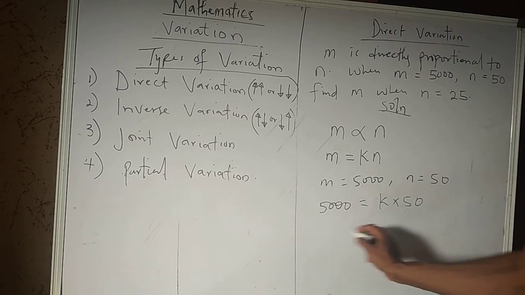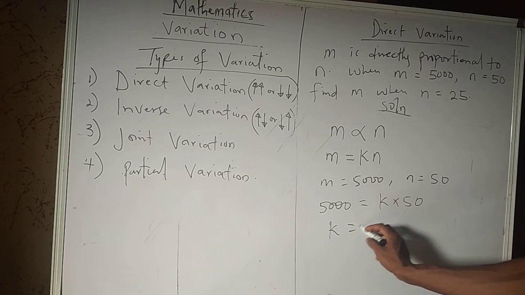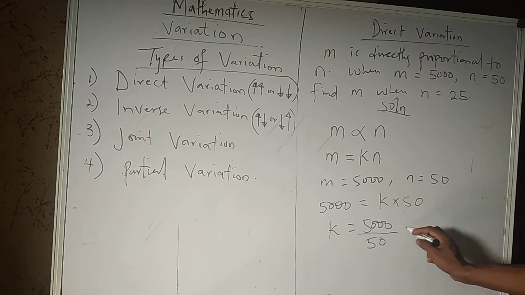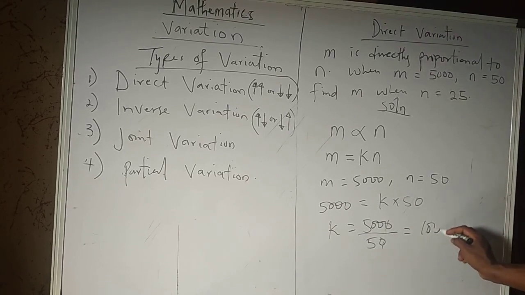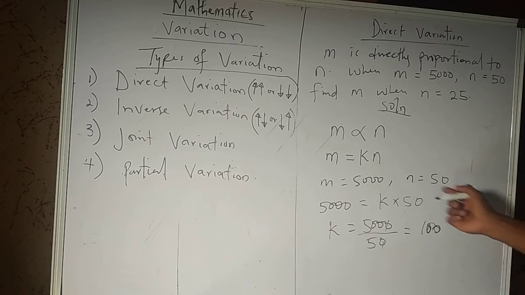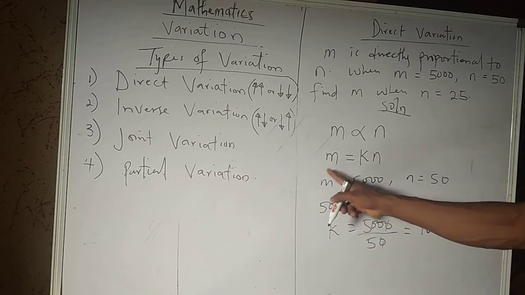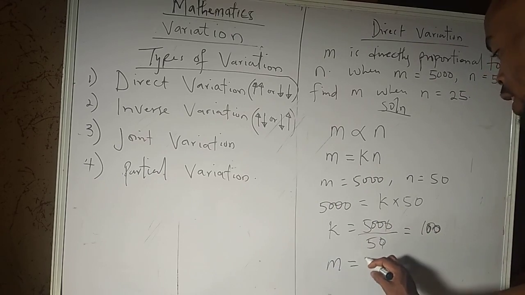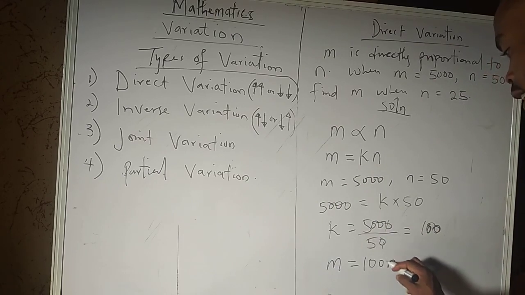If I divide both sides by 50, K is going to become 5,000 divided by 50. Now this cancels. 500 divided by 5 is 100. So K is 100. Alright, so that means that there is a relationship that exists between M and N. So M is actually equal to 100N.